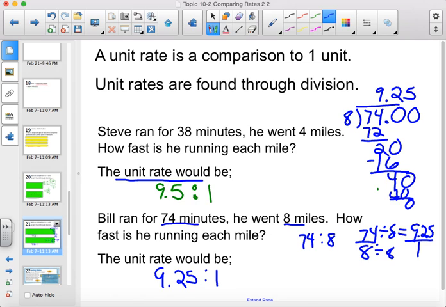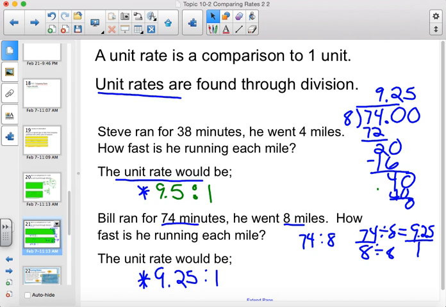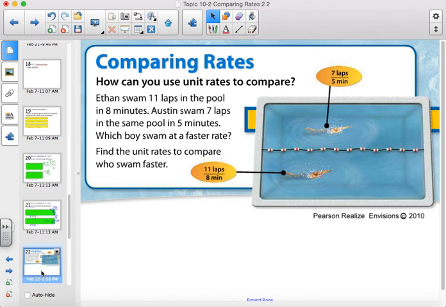So this is how you would find a unit rate. And once you're able to find unit rates, you can then compare them and ask yourself who is running faster and who is running slower. So that brings us to today's lesson in the book, comparing rates.